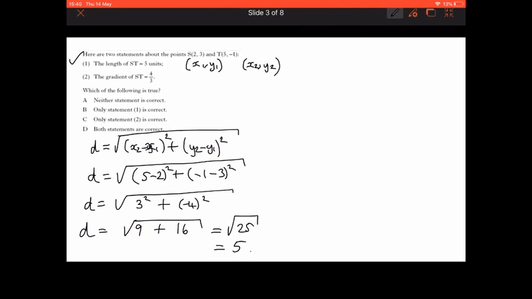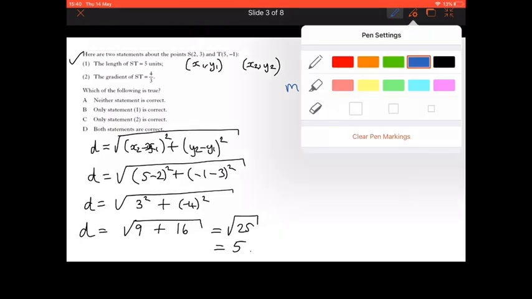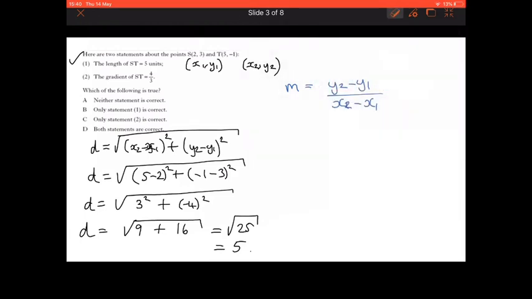We need to check if statement 2 is correct, so we'll calculate the gradient. So gradient is equal to y2 minus y1 over x2 minus x1. I'm just going to erase that silly mistake.